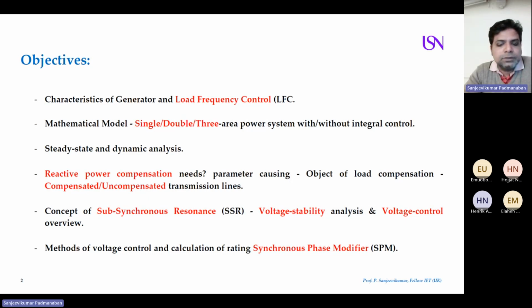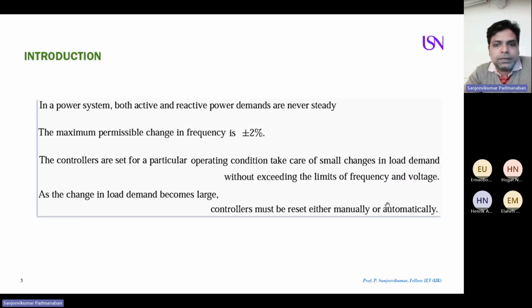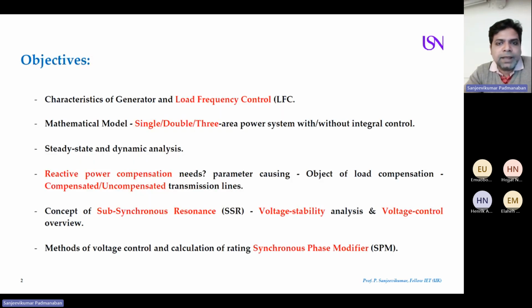Okay. So we have seen why we are looking at this. I will give you an outline again, because today we are going to look at the characteristics of the generator, particularly synchronous generators, and why we want load frequency control is our main discussion. Then we are going to look at mathematical models for single, double, and three area power systems, particularly with and without integral control, which is very important.